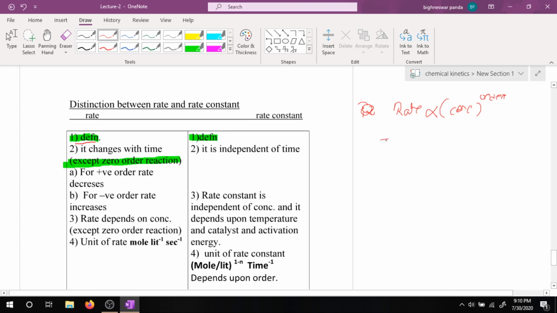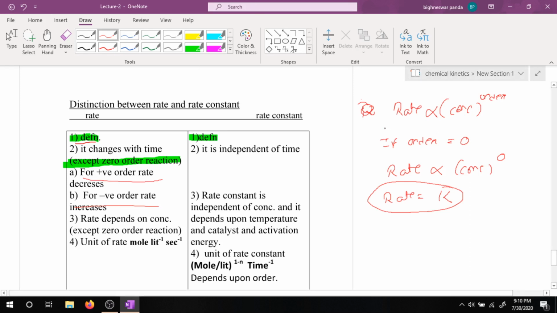If order is equal to 0, then rate is directly proportional to concentration power 0, and that will be equal to rate is equal to K, and rate is constant. So except zero order reaction, rate changes with time. And here for positive order, rate decreases, and for negative order, rate increases.